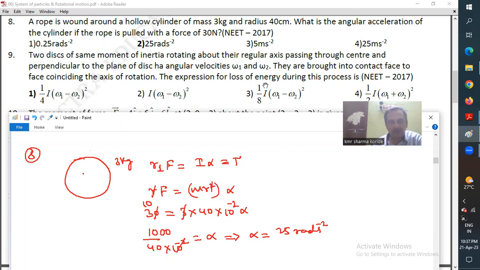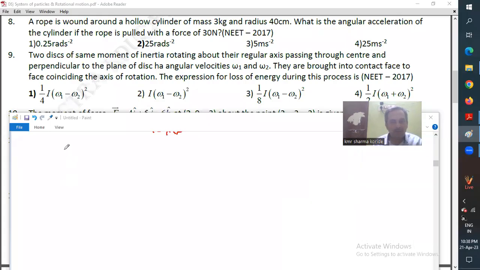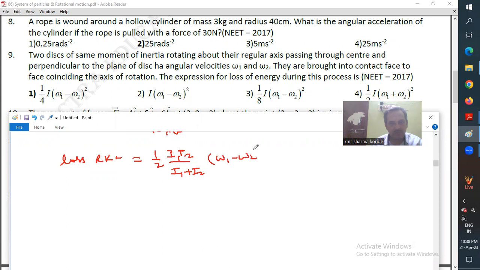The expression for the loss of energy during this process is: the formula for loss of rotational kinetic energy is half I1 I2 divided by I1 plus I2 with omega1 minus omega2.